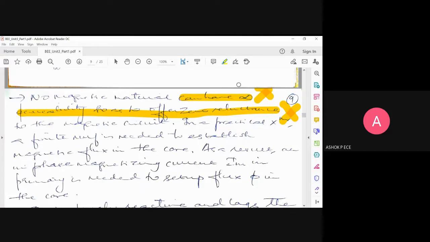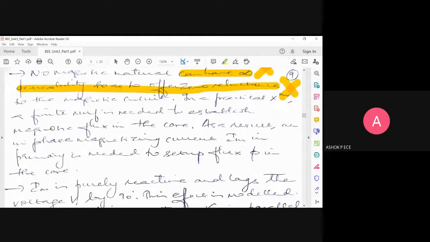Because of these two properties, you always need a current to establish the magnetic flux in the core. So because of that, you need a magnetizing current IM to flow in the primary. Ideally, IM is going to be zero, but practically this IM must flow in the primary to establish the magnetic flux in the core.